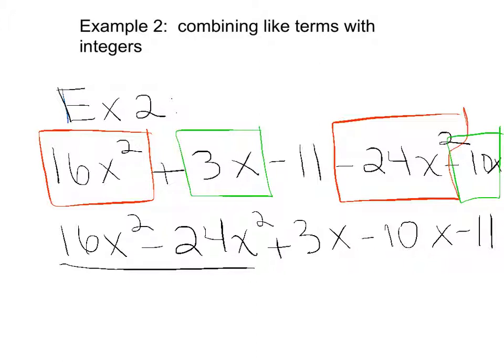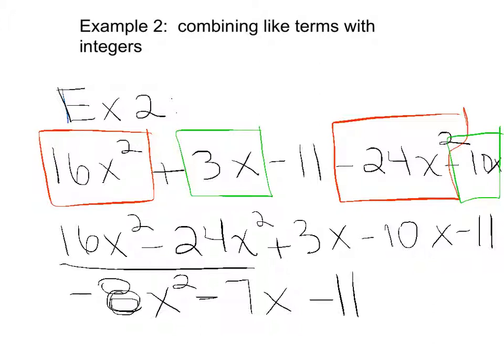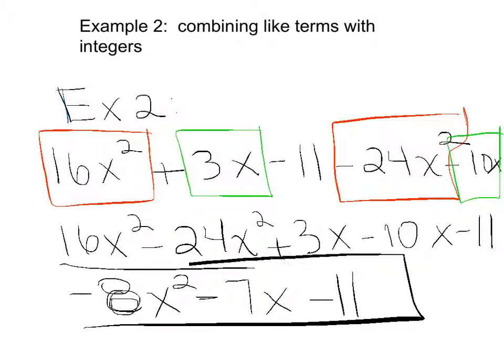16x squared minus 24x squared is negative, whoa, that's an 8, negative 8x squared. 3x minus 10x is a negative 7x. And then negative 11 or minus 11. Notice I'm using the number and everything to the left of that number.